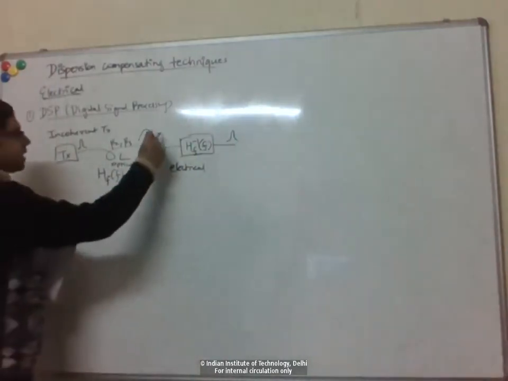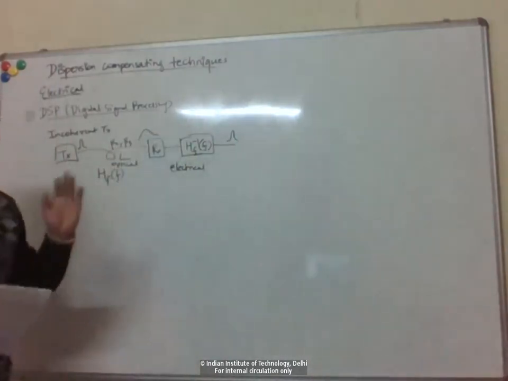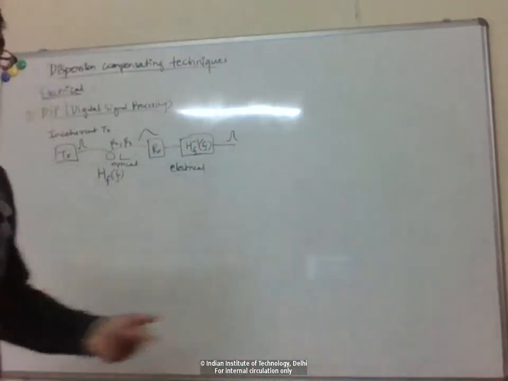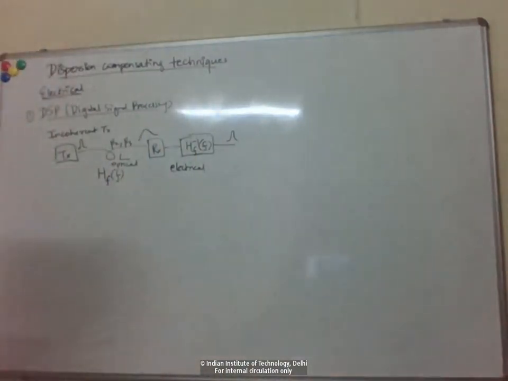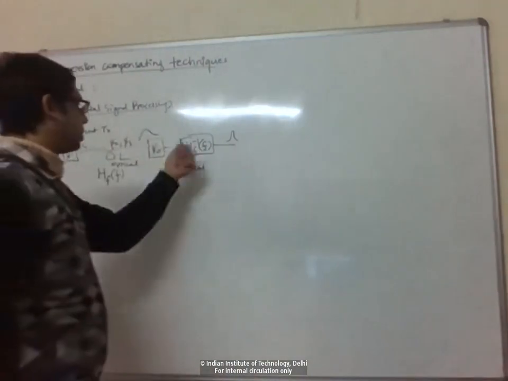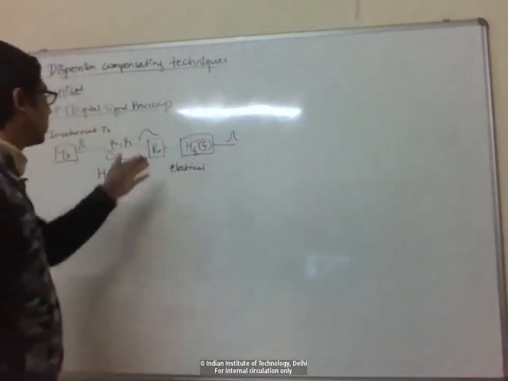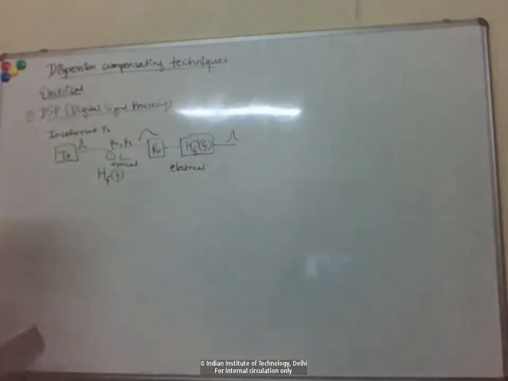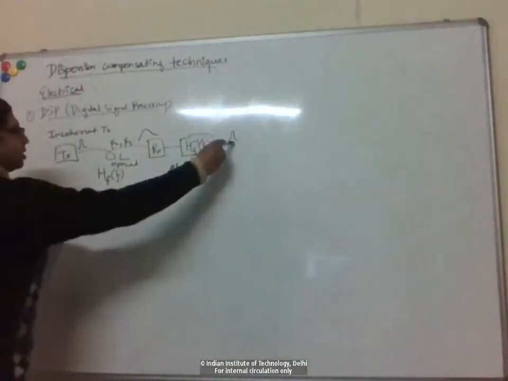So once I photo detect and sample it, I have a digital signal, and then I can use standard DSP chips and algorithms. I can implement any kind of filter function, and recover this pulse.